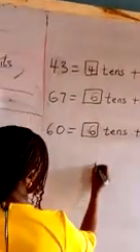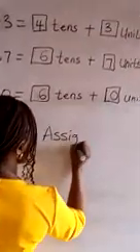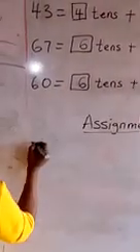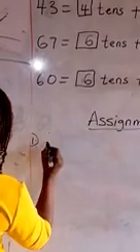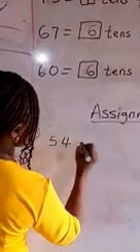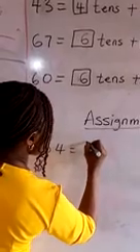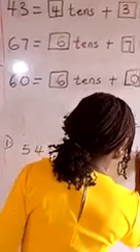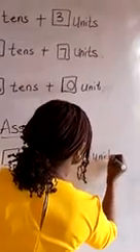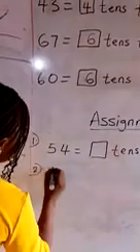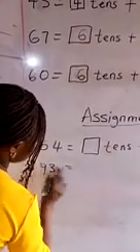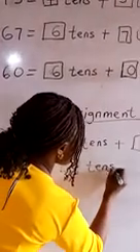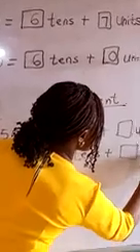Now your assignments. Number 1, you have your 54, brackets, tens, plus brackets, units. Number 2, 91, brackets, tens, plus brackets, units.